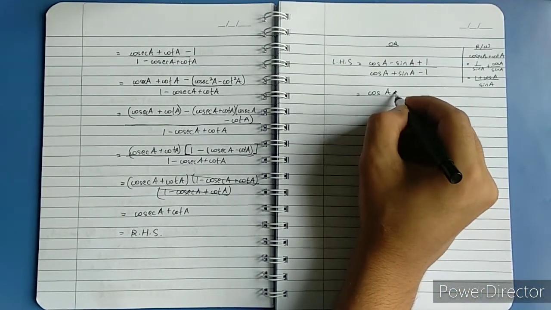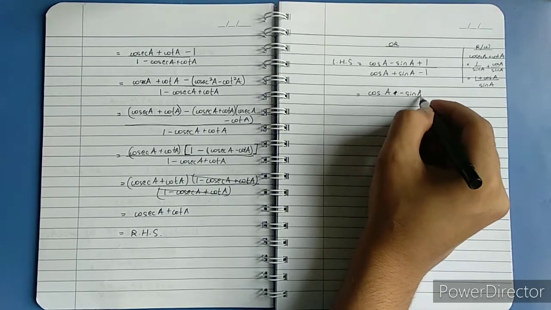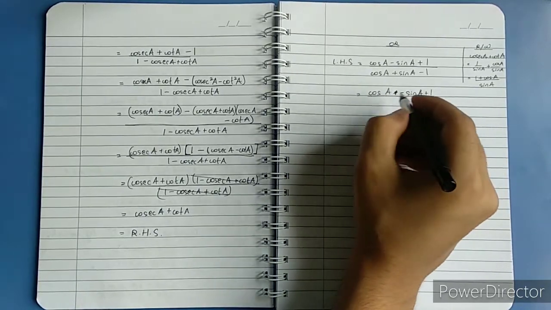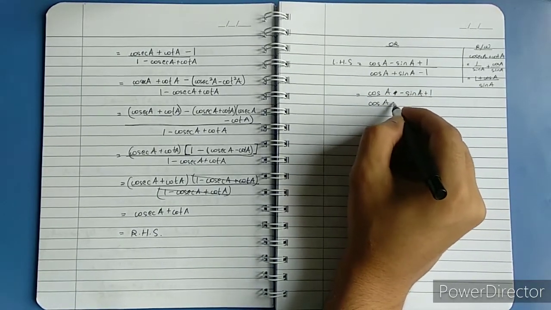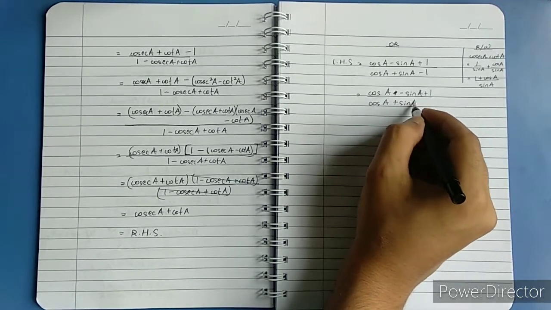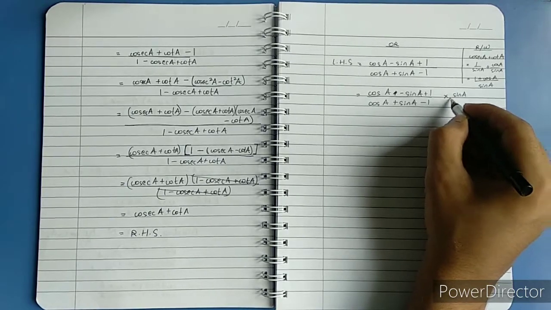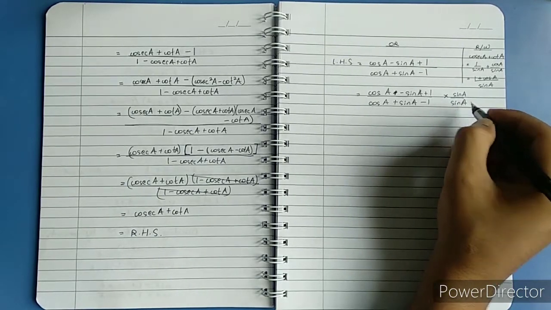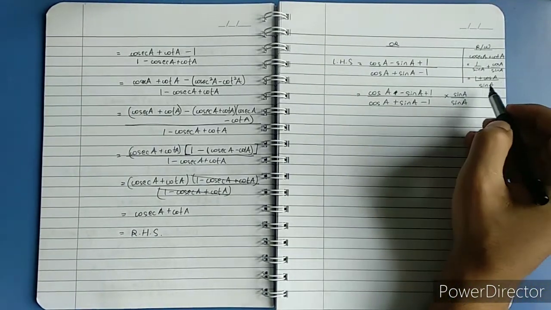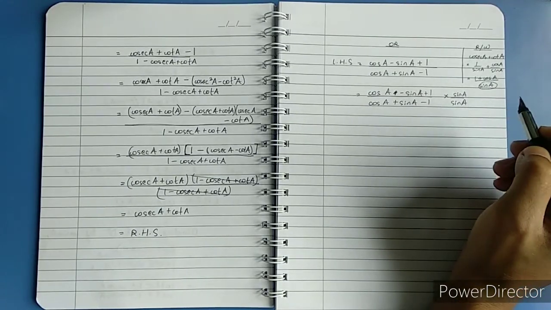Cos A minus sin A plus 1 by cos A plus sin A minus 1, and we are multiplying and dividing with sin A. Now in the right hand side we should get sin A in the denominator.